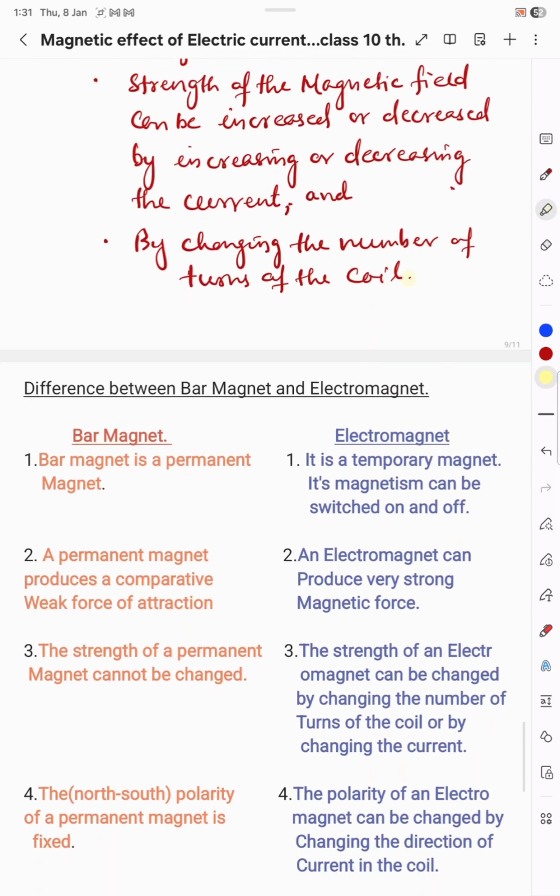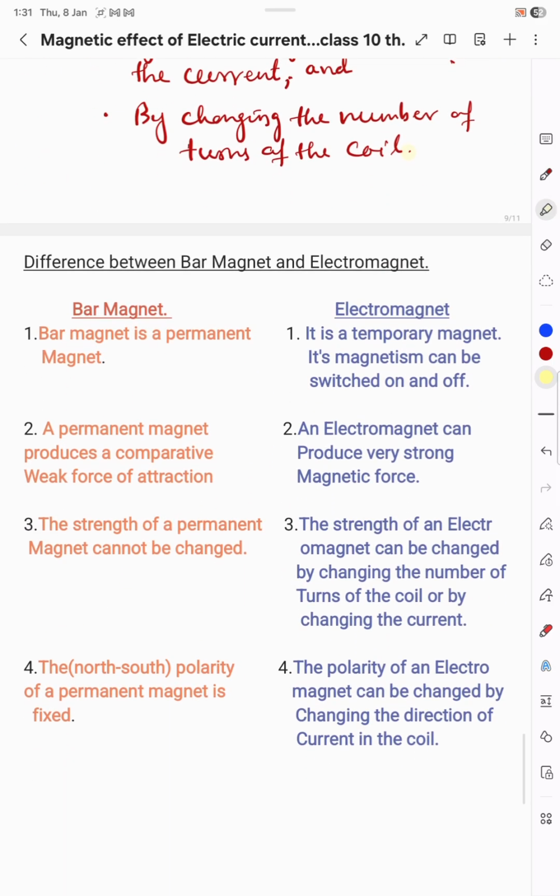So let us see the difference between a bar magnet and an electromagnet. See, a bar magnet is a permanent magnet, but an electromagnet is a temporary magnet. Its magnetism can be switched on and off. So when the current is flowing, it will behave like a magnet, and when the current is put off, the magnetism vanishes.